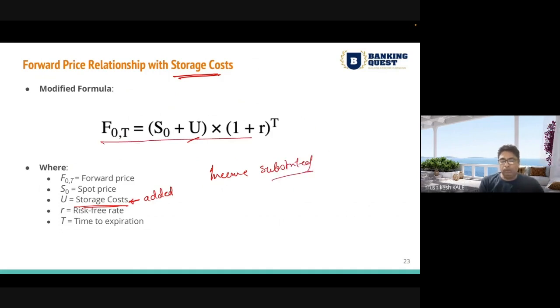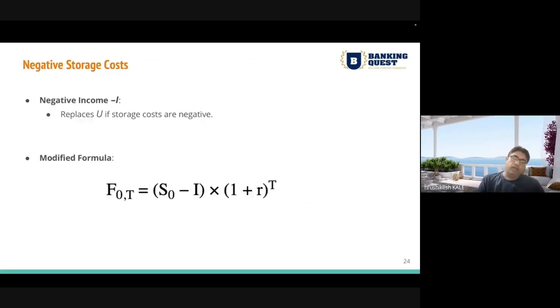Now, you know the simple formula. You just add U here. And that is the price of a forward contract of any commodity, including the storage cost. All other things are the same. If your storage costs are negative, generally this doesn't happen. But if so, you use a minus sign and call it income. Why is this shown?